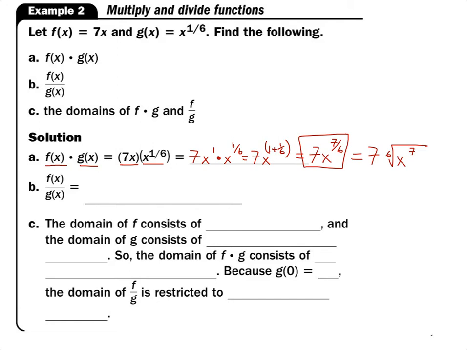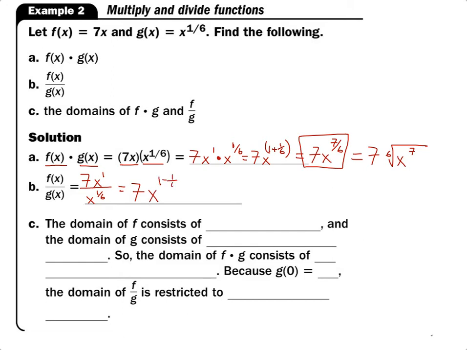For part B, you have to divide them. Well, okay, we multiplied them before. Dividing, you draw a fraction bar. 7x over x to the 1/6. Remind you that x and 7x is really 7x to the 1. So since we're dividing, the exponents subtract.